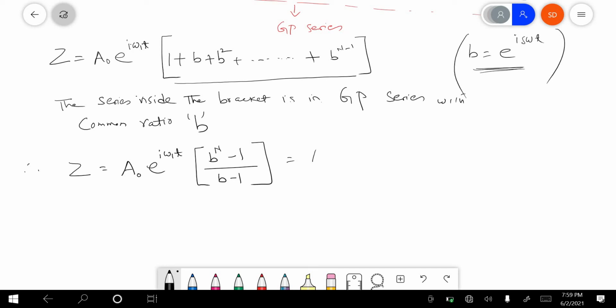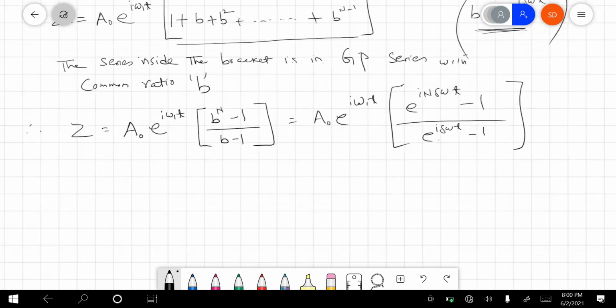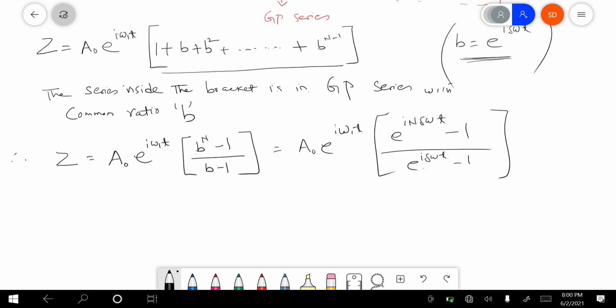So it can be written as a naught e to the power i omega 1 t in bracket e to the power i n del omega t minus 1 divided by e to the power i del omega t minus 1. I'm just substituting the value of b from here.